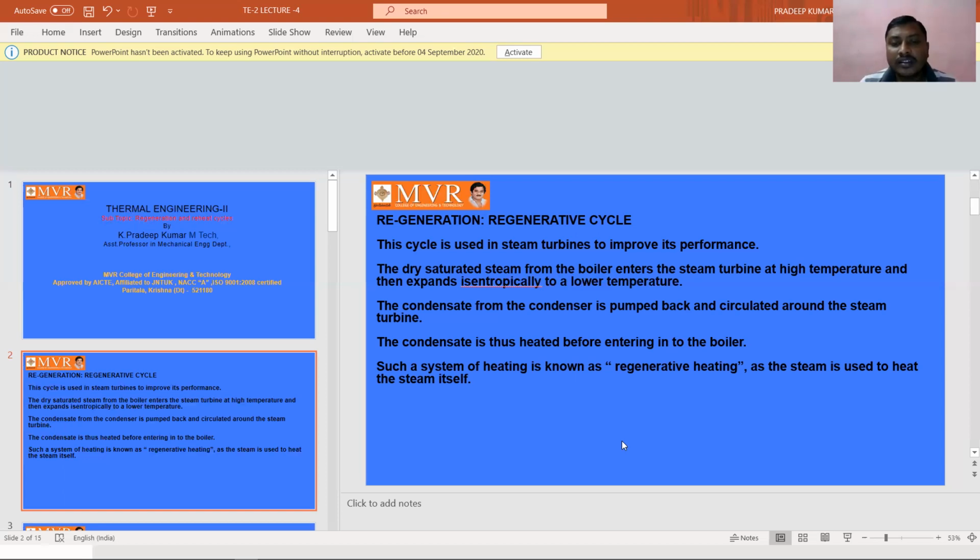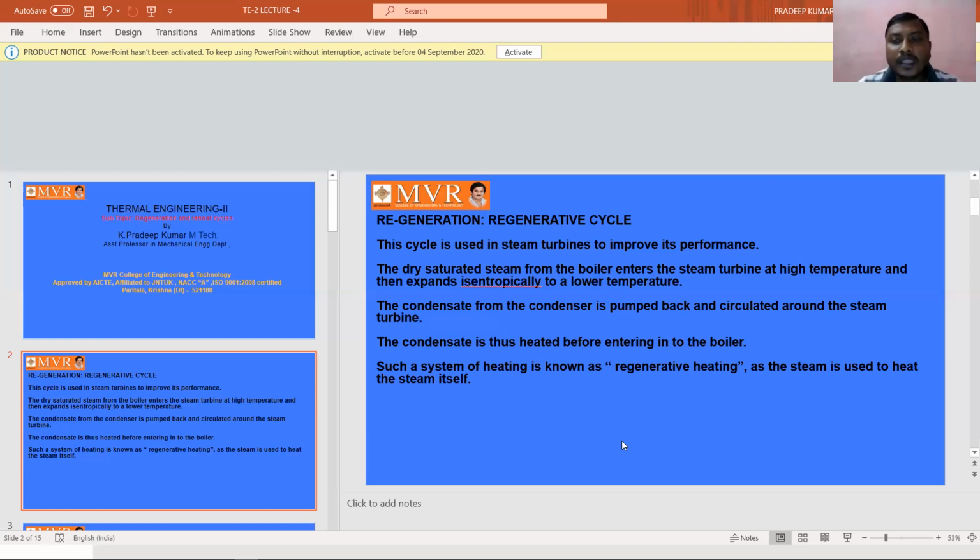Thus the condensate, which has been converted into water, is heated before it enters the boiler. Such a system is known as regenerative heating, as the steam is used to heat the steam itself.